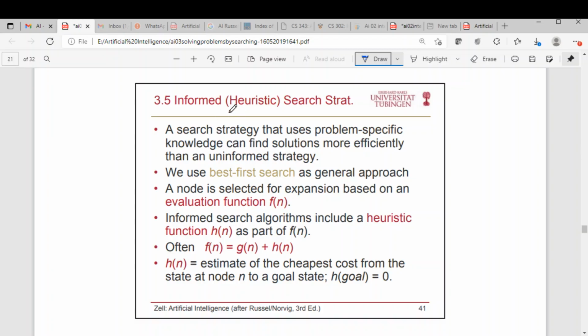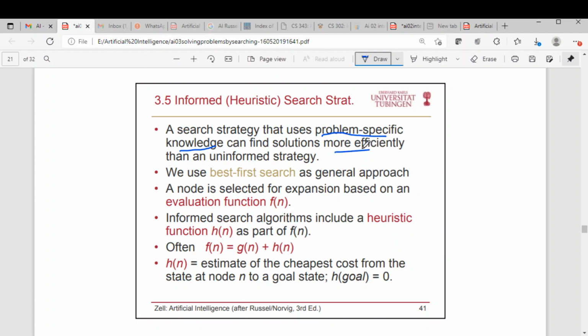So heuristic search techniques take advantage of problem specific knowledge.